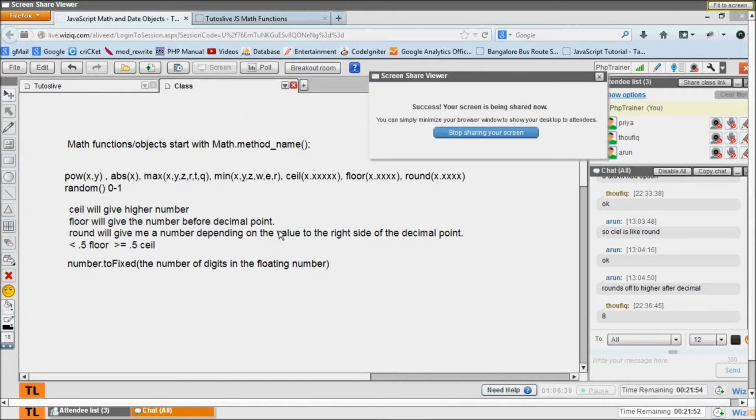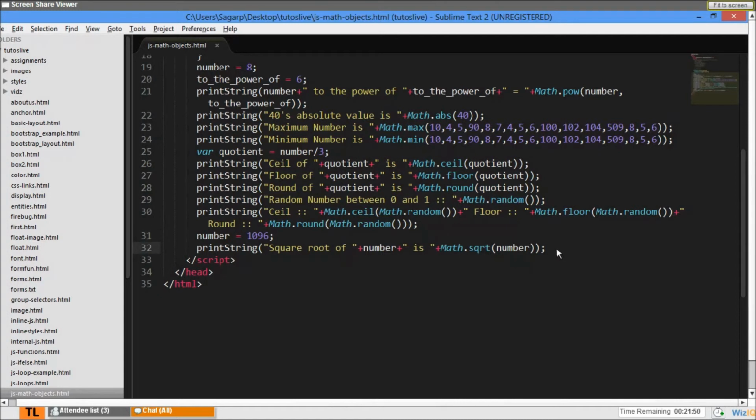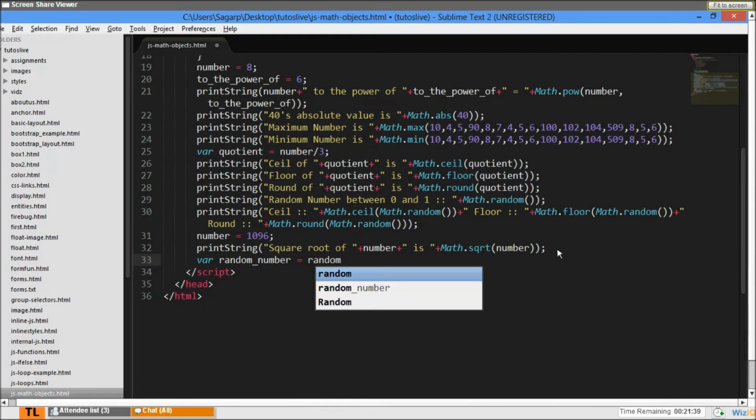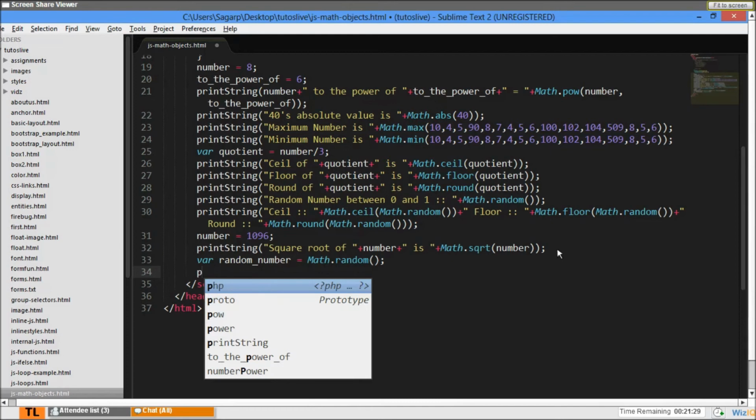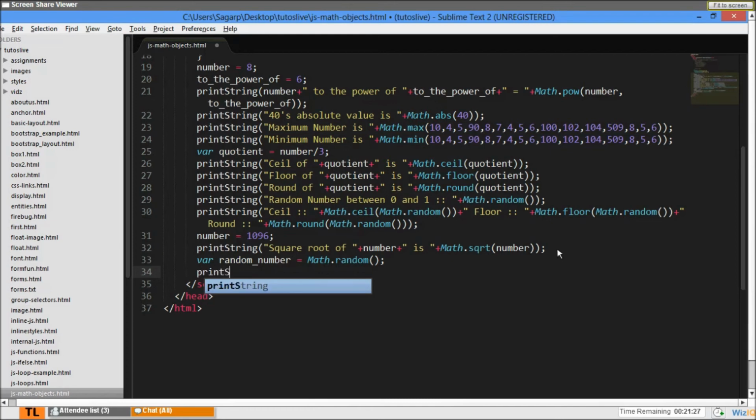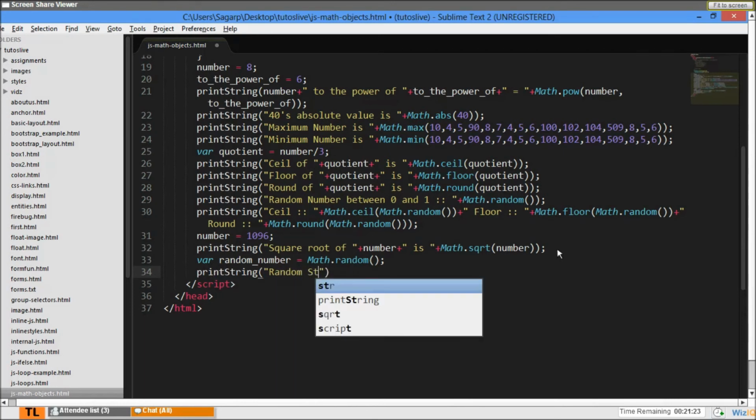Where random number equals math dot random. Now let's print both the numbers. Print string, here the random number is our actual random number.